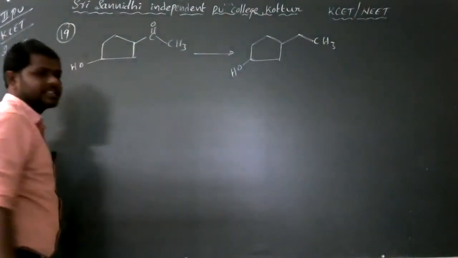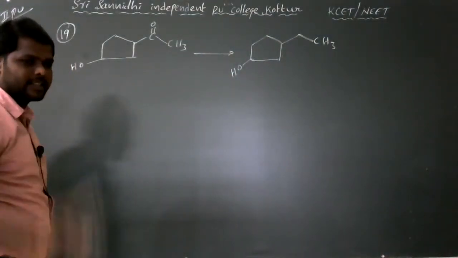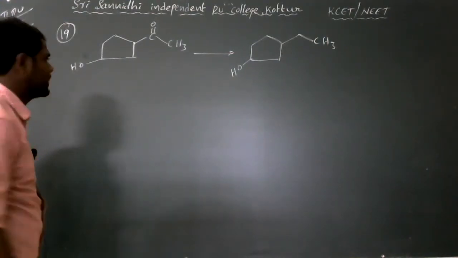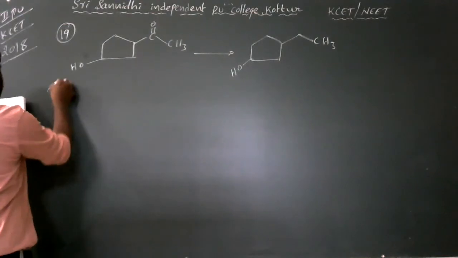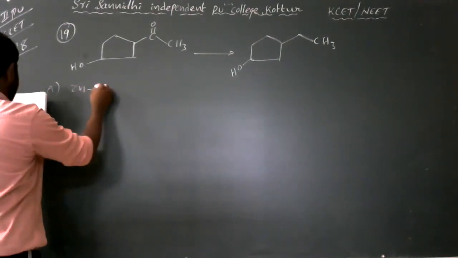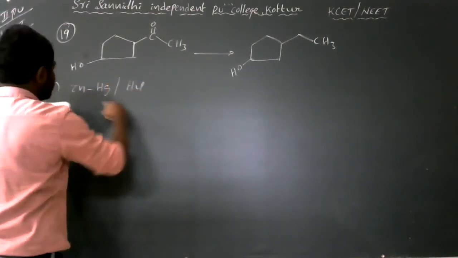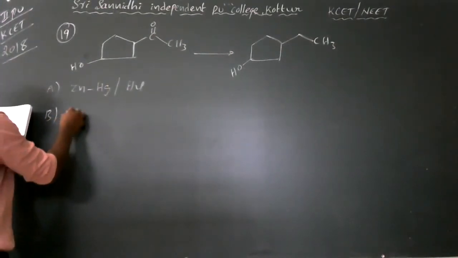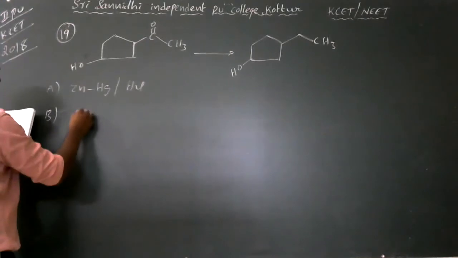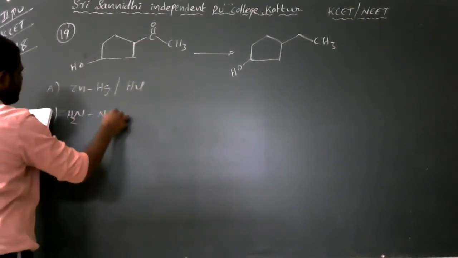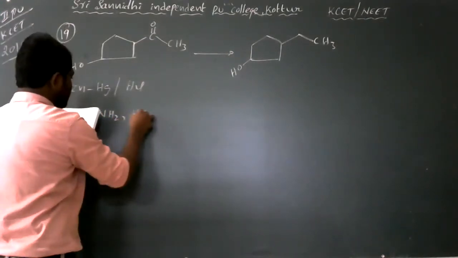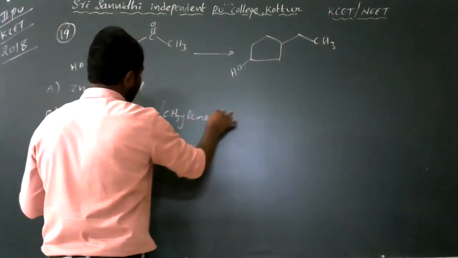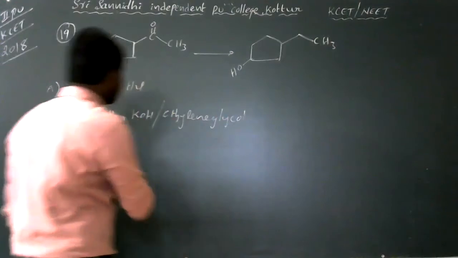The alkanes are given by two reactions: one is the Clemmensen reduction, and the other is the Wolff-Kishner reduction. Option A is Zn-Hg, HCl, which is a Clemmensen reduction. Option B is NH2NH2, KOH, ethylene glycol, which is the Wolff-Kishner reducing agent.